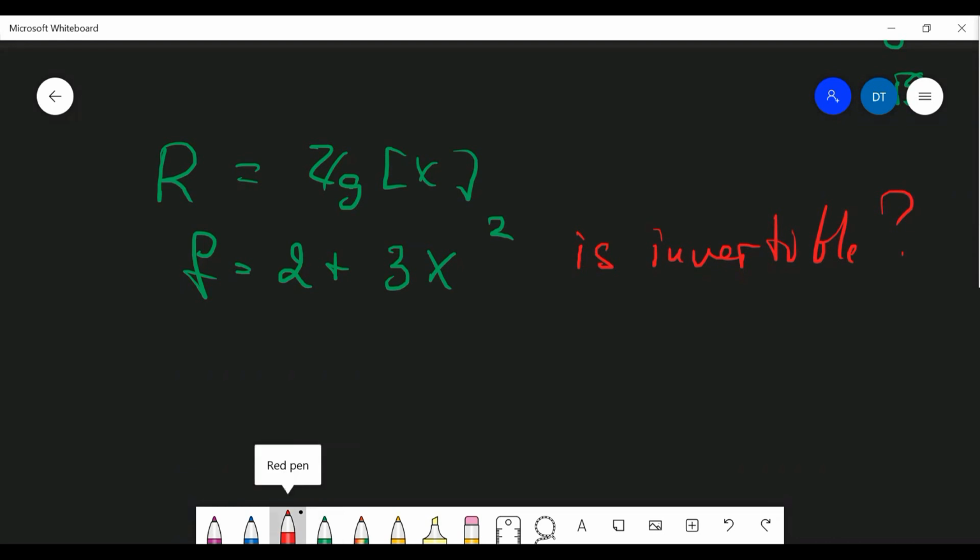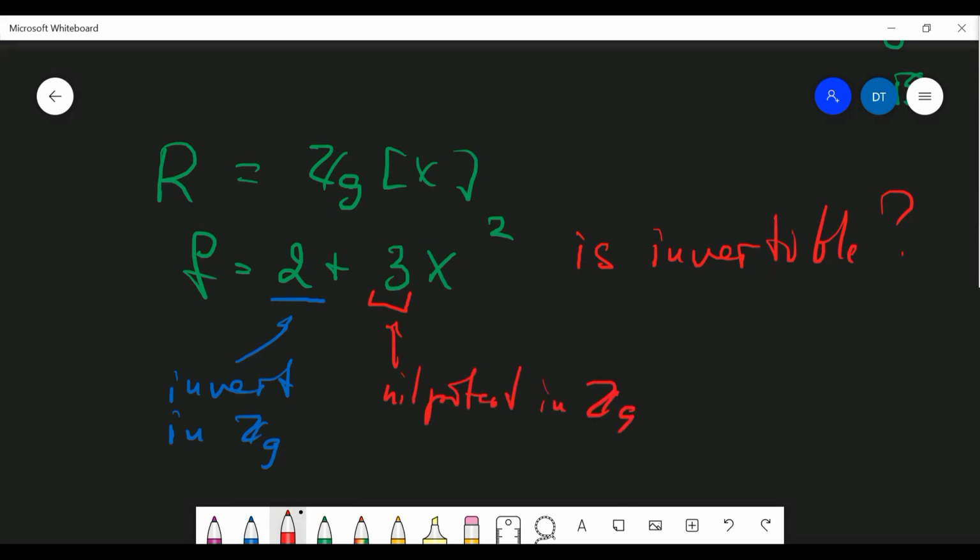Why? Who already sees that this is an invertible element? How to prove this? You see, 2 is an element of Z9, and 2 is co-prime with 9, so it's invertible in Z9. Now, element 3 is nilpotent in Z9, because 3 squared equals 0.